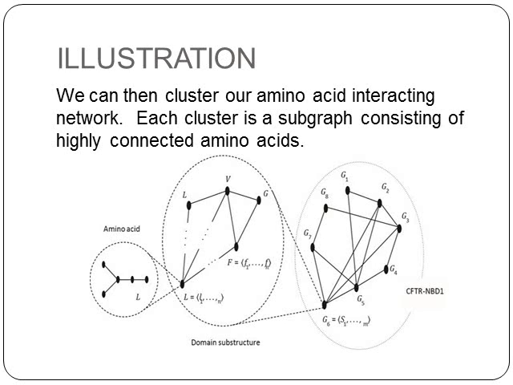G1, G2, G3 each represent a cluster, and G6 is illustrated, where in each cluster, the vertices represent amino acids. And if 2 amino acids are in close proximity in the 3-dimensional structure of the molecule, then we have a connecting edge.